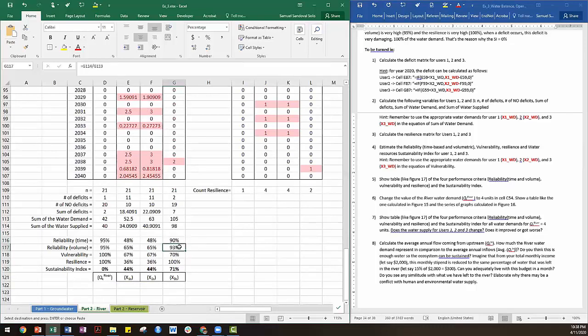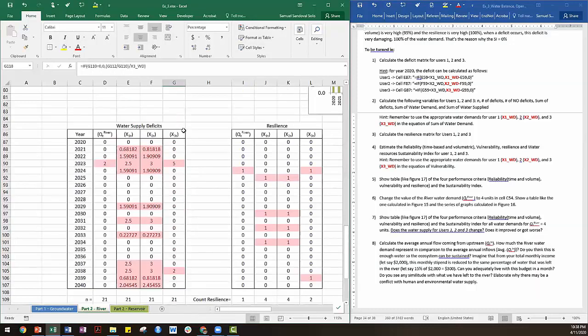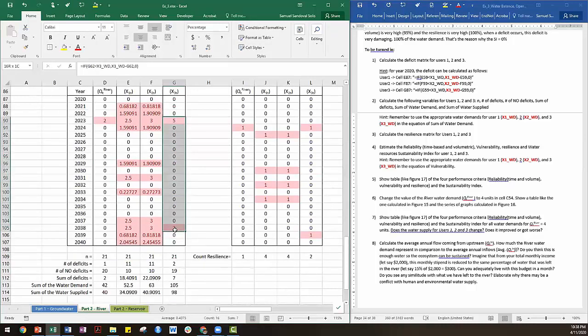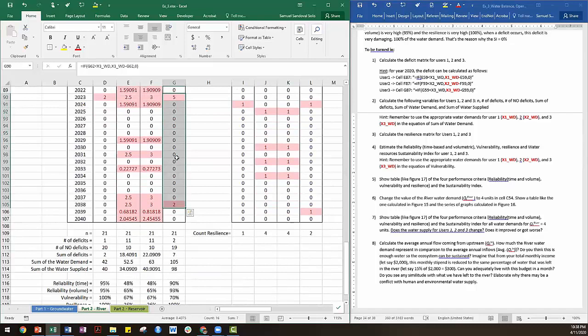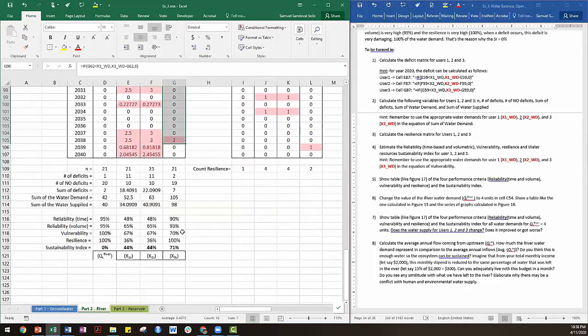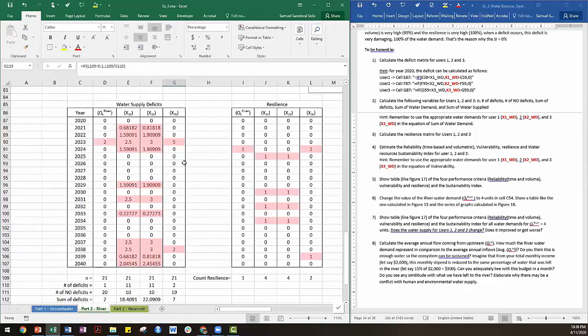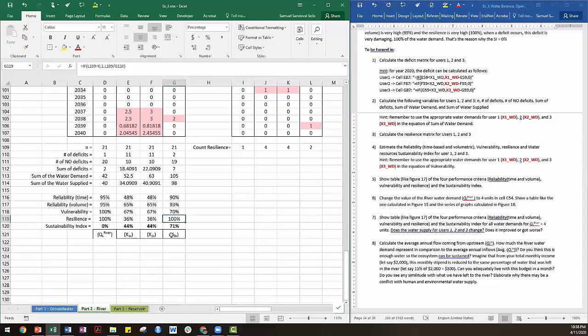The volume is 93%, so basically it was supplied 98 out of 105 units of water. The vulnerability, when it happens, so the sum of the deficit is 7. 7 divided by 2 is 3.5. And 3.5 compared to 5 units of water, which is the water demand of this, is 70%. When it failed, it recovers, so it has a high resilience. So this is why it has this performance.